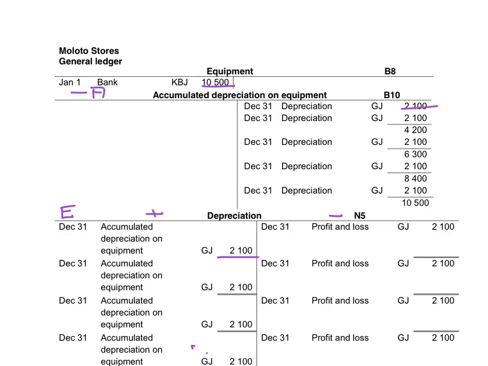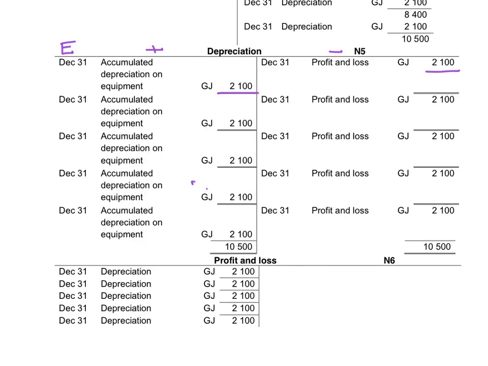So these two accounts, equipment and accumulated depreciation, form a unit. When I record it in the balance sheet, I will take the equipment amount less the accumulated depreciation amount. At the end of the first year, we have an expense of 2,100, and we will transfer that 2,100 to the profit and loss as expense to reduce our profits. So the profit and loss will be debited in the first year with 2,100.